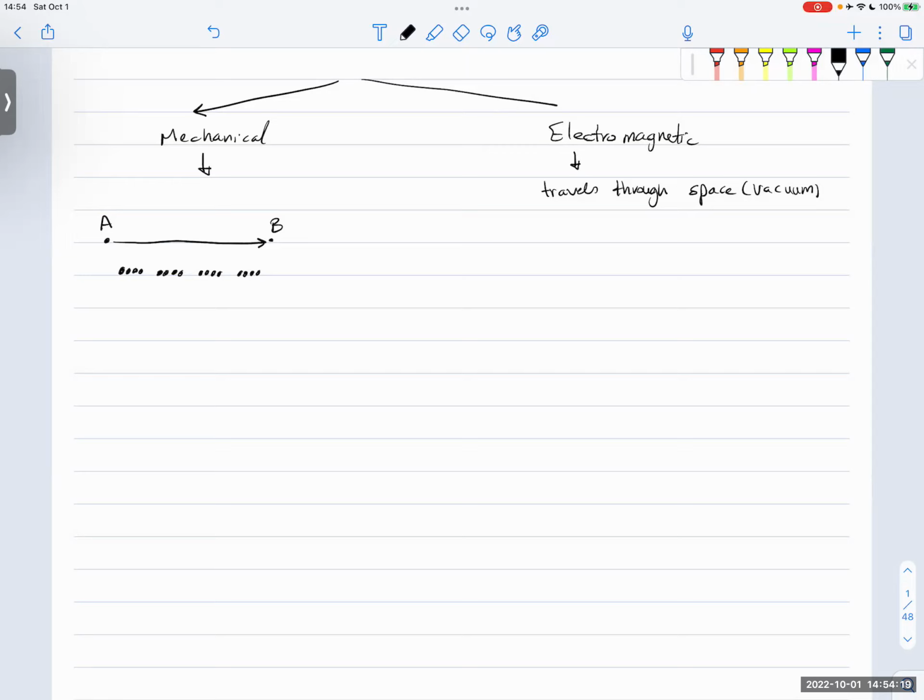Then it gets a lower pressure or lower density, then again higher pressure, followed by low pressure or low density. These areas of high pressure are called compression.